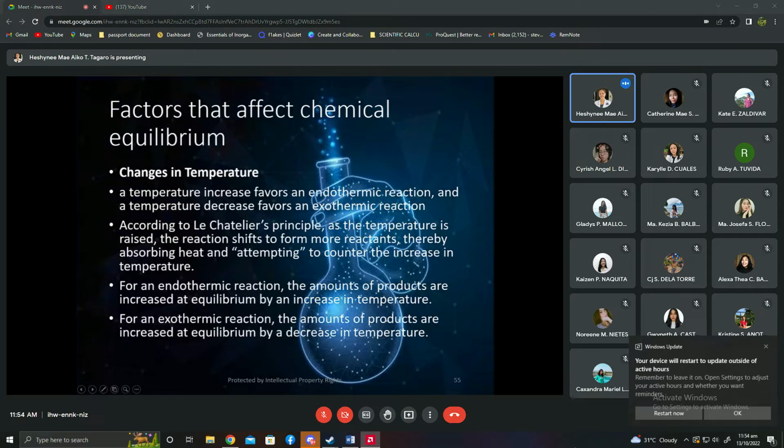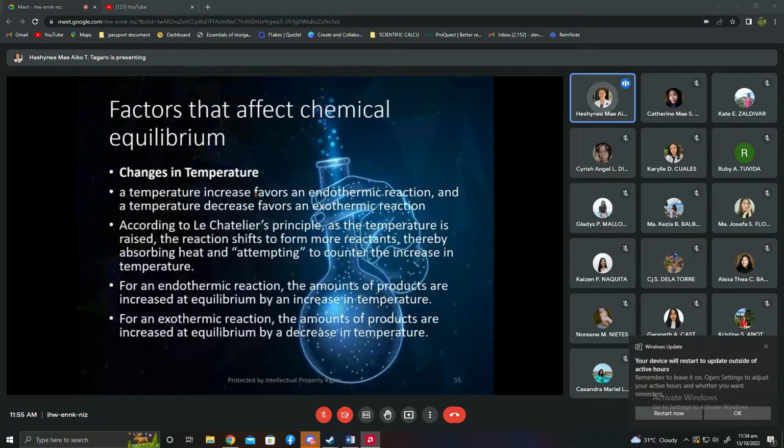Next, for an exothermic reaction, the amounts of products are increased at equilibrium by a decrease in temperature. So basically, a temperature increase favors an endothermic reaction, while temperature decrease favors an exothermic reaction.